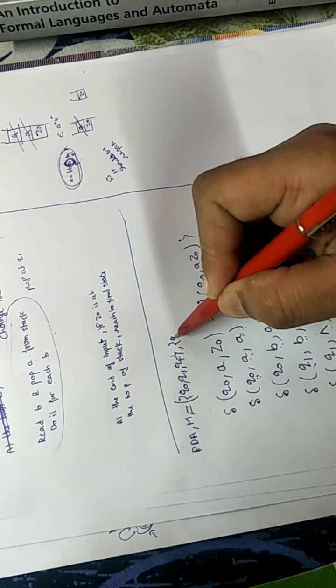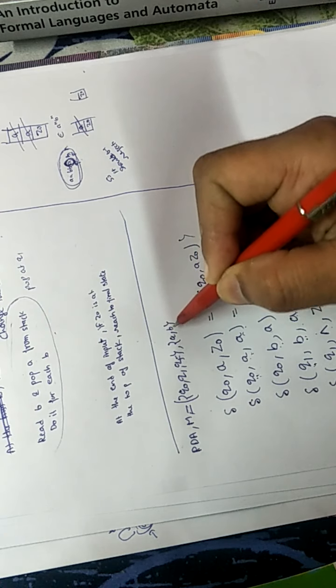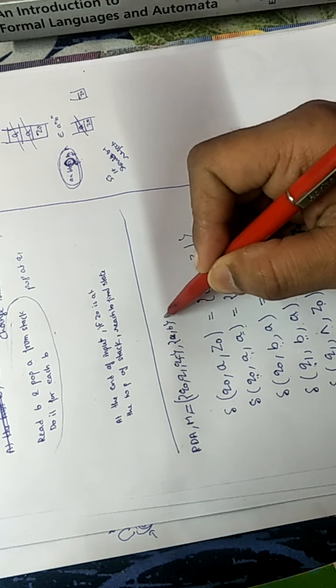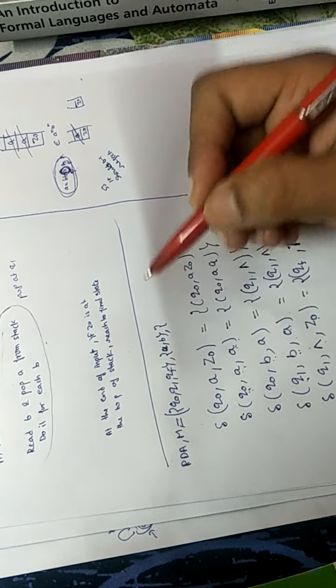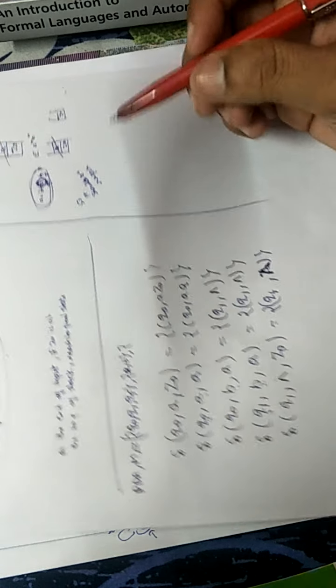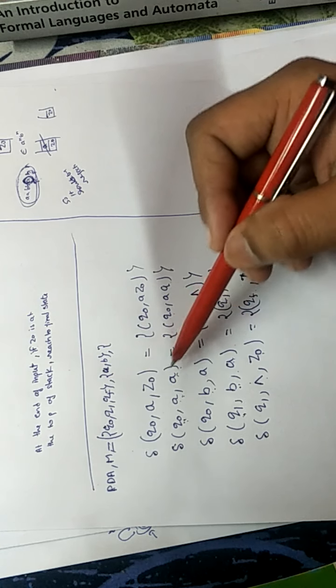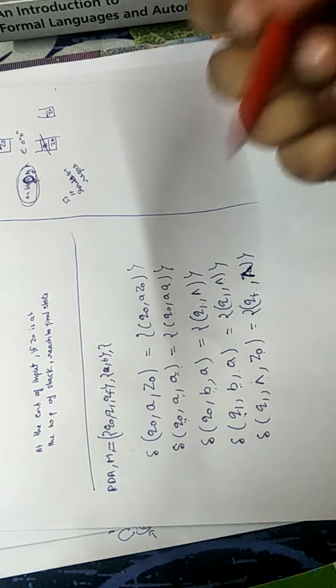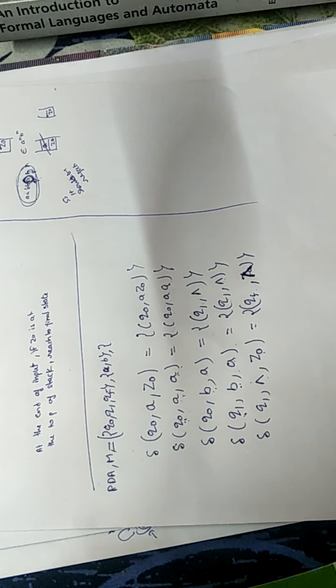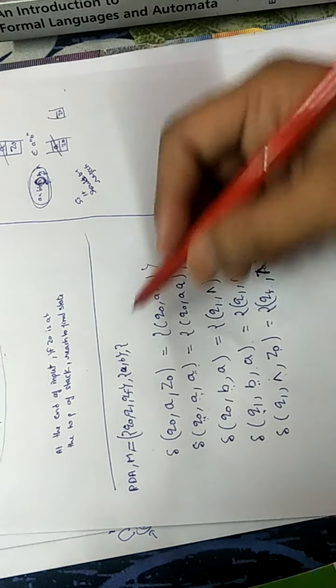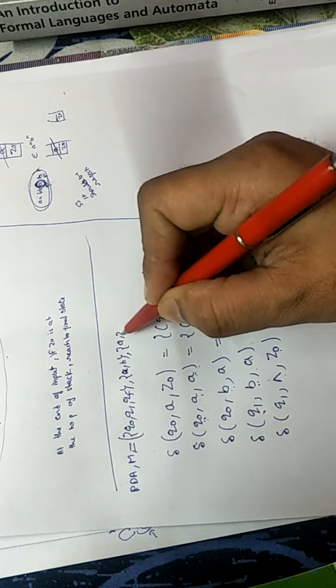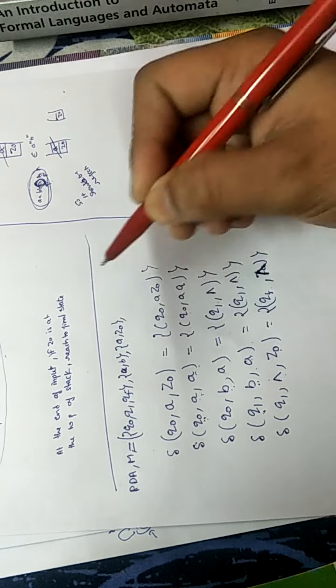Second is the input symbols; we have two input symbols, A and B. Third is the stack symbols: what we push on the stack, having Z0 and A only. We didn't push B in the stack. We pushed only A. So the stack symbols are A and Z0 only.